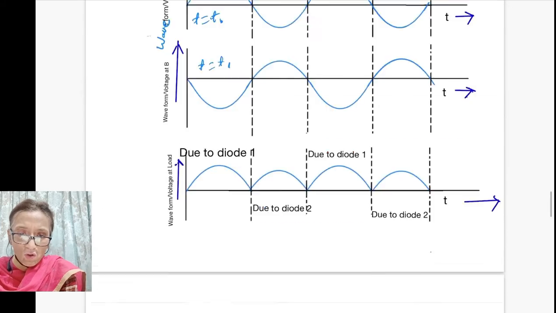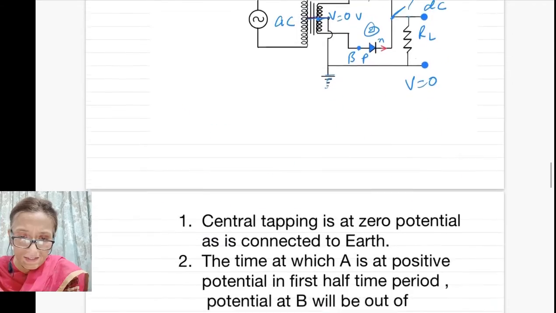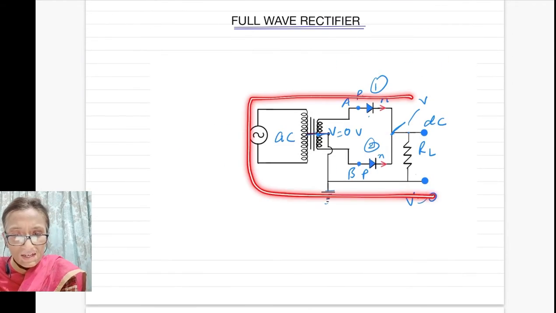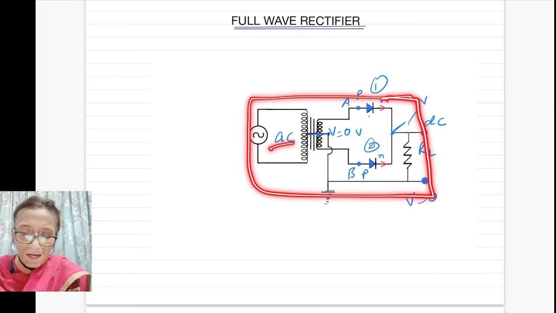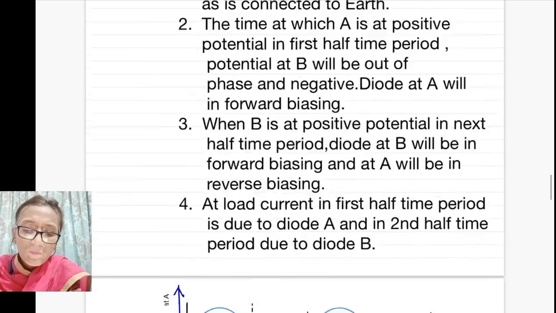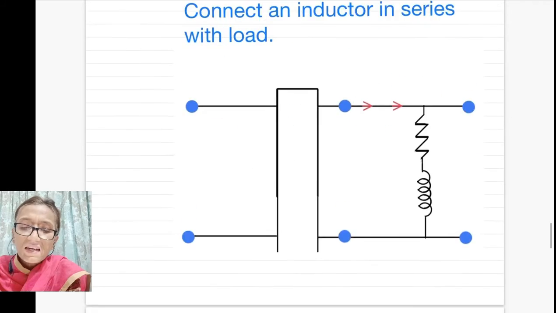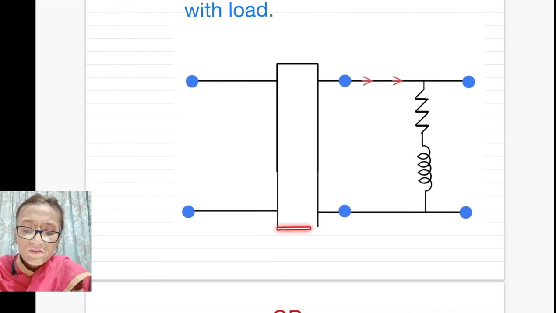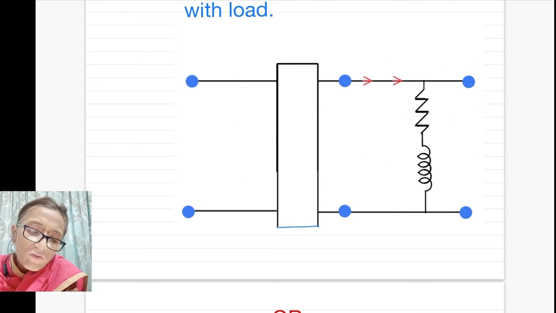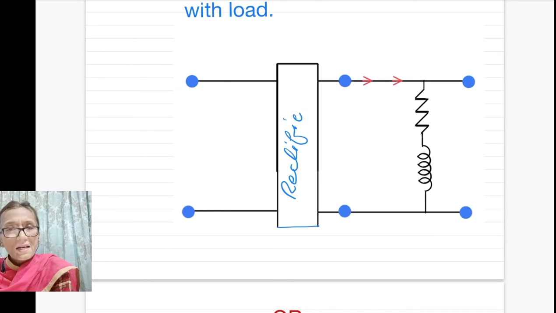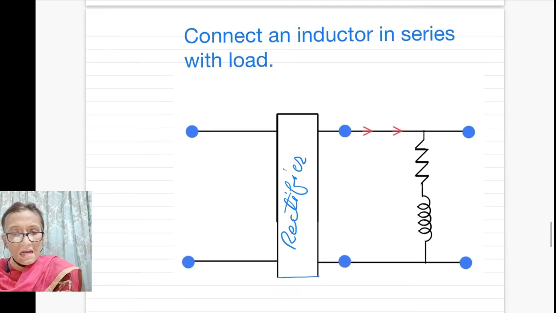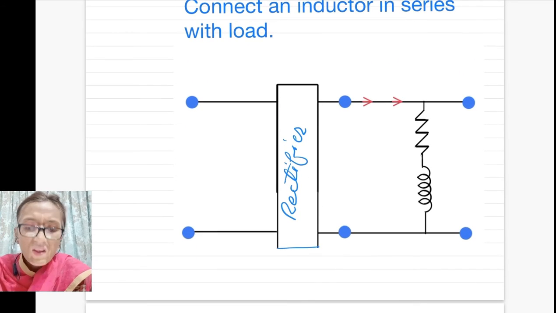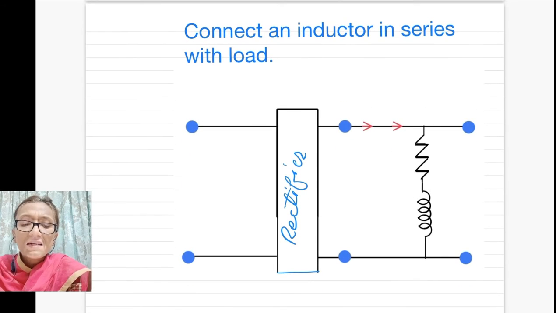So you will take this complete circuit in a box and you will call it a rectifier. Here you can see I have taken the complete thing in a box and said that it is your rectifier. Now I am connecting a filter circuit. What is a filter circuit? Either connect an inductor in series with load.